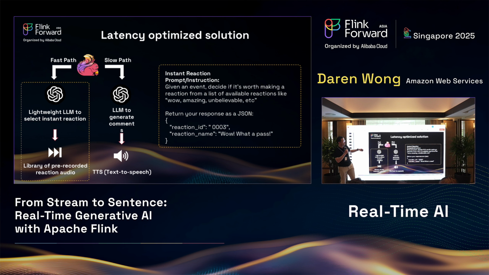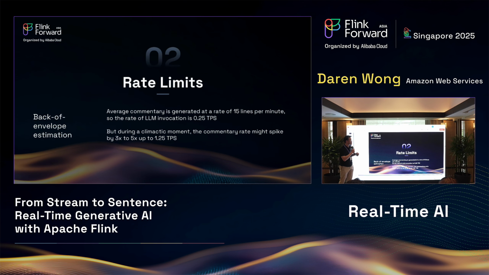In terms of implementing this lightweight LLM, it can be as simple as providing a prompt or instruction to tell it that given an event, decide if it's worth making a reaction from a list of available reactions like wow, amazing, and so on. And we ask it to return the response in the format of JSON. So this is how we can optimize the latency. Next, we can take a look at the second challenge, which is around rate limits, in the next slide.